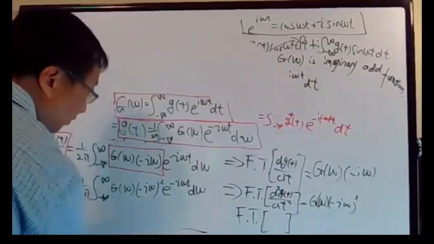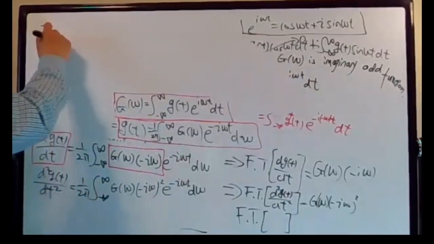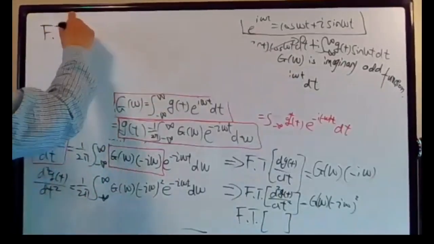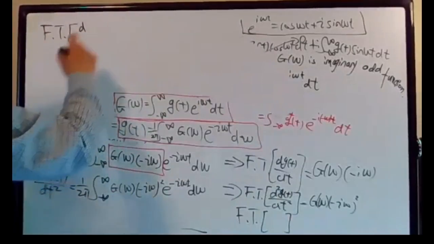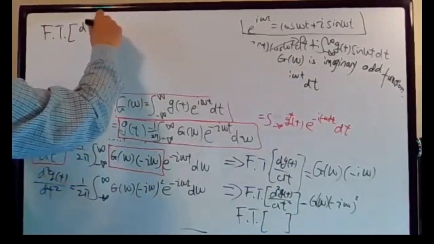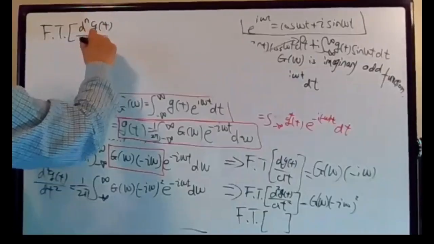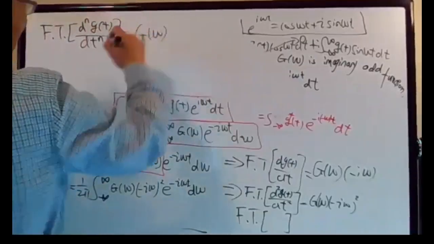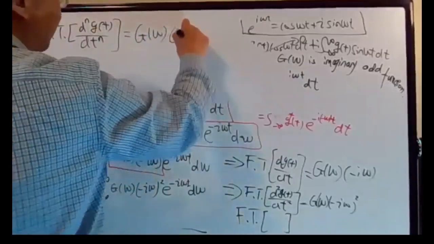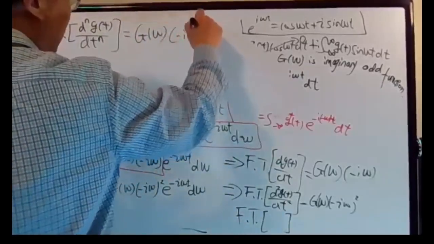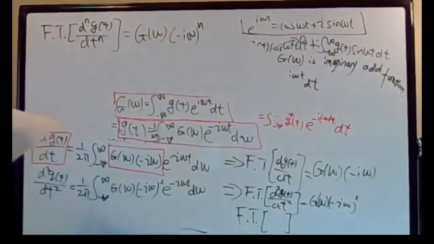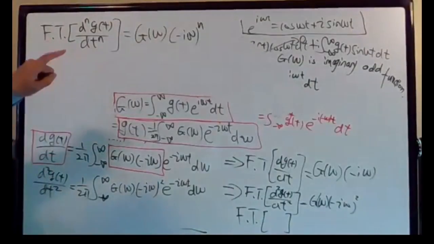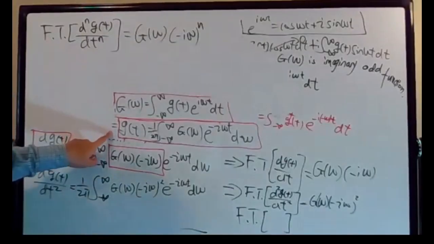If I further take a derivative, the Fourier transform of the nth derivative d^n g(t) over dt^n is g(omega), times negative i omega to the nth order, right? So assume we have the Fourier transform pair.